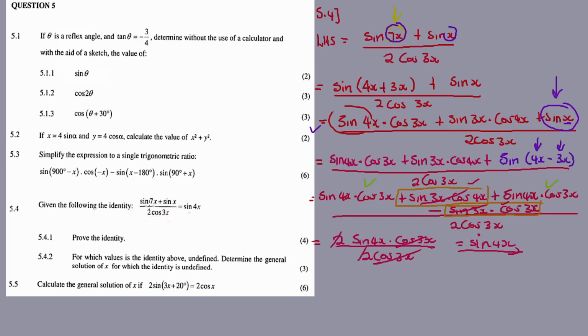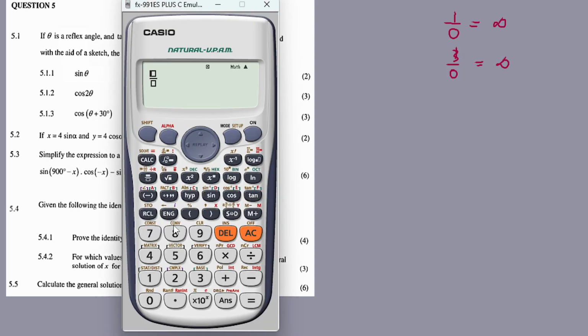Alright, we have simplified, we have proved this identity. 5.4.2, for which values is the identity above undefined. Determine the general solution of x for which the identity is undefined. What is something that is undefined? This is undefined. 3/0, undefined. Your calculator complains when you divide. 8/0, undefined.